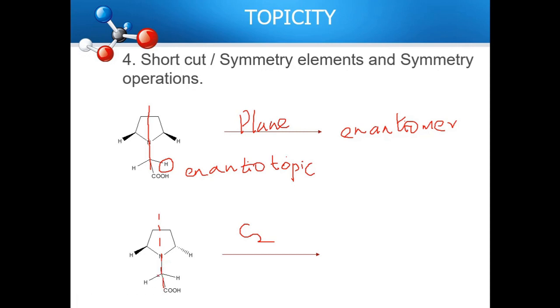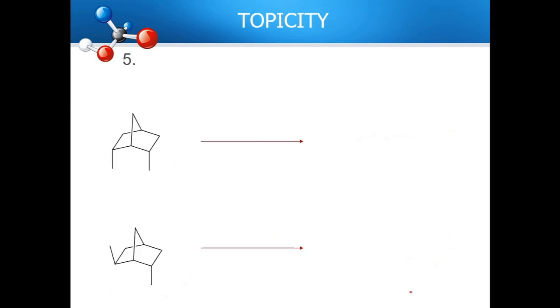Okay, so if I rotate this molecule across this axis at 180 degrees, I end up with the same molecule. Therefore, these two hydrogens are homotopic in nature. So by applying simple symmetry conditions, we can identify whether a molecule is homotopic or enantiotopic. So there are two options: either you do a substitution process or you apply the symmetry condition to identify.